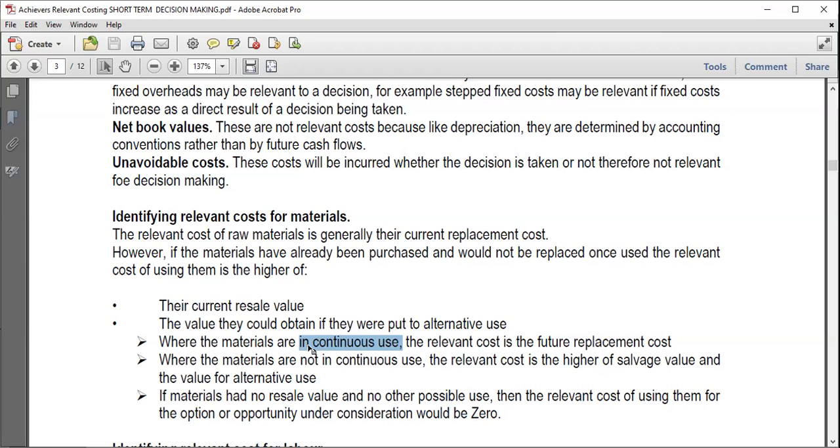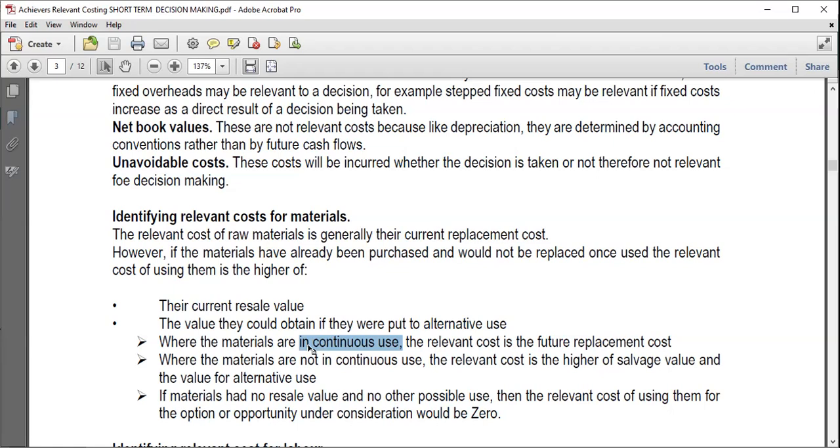Because they're in continuous use, once you use these materials for this contract, you will need to replace them. So in this case, since you need to replace them, the replacement cost will be your relevant cost.